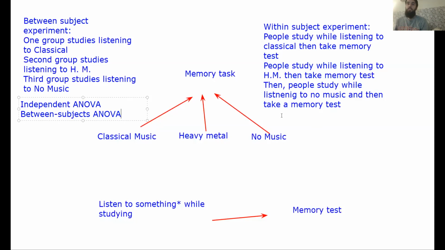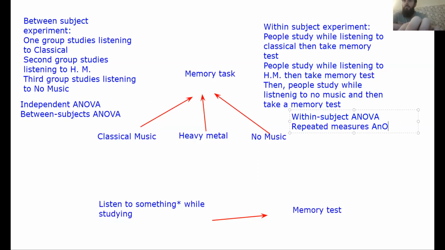Whereas if the study were within subject, that would be a within subject ANOVA, aka repeated measures ANOVA. Repeated measures because people's memory is measured repeatedly: once in classical, once in heavy metal, once with no music. Repeated measures of the same DV under different conditions.